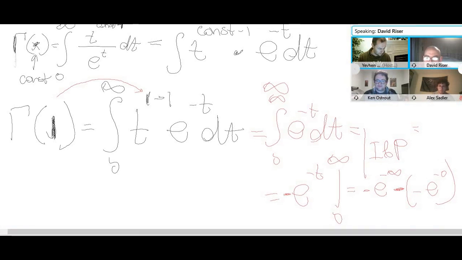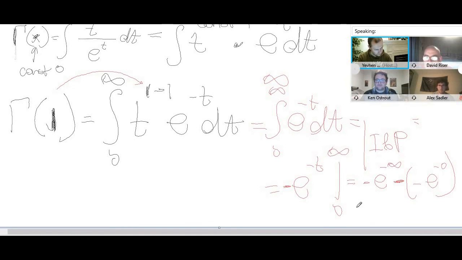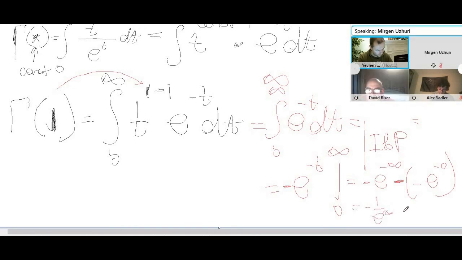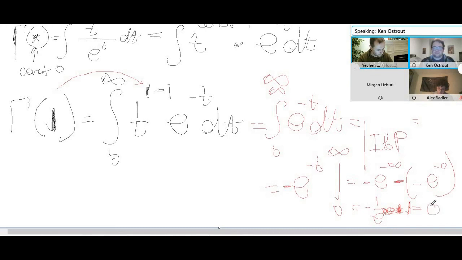We can rewrite this first part as minus 1 over e to the infinity minus, which gives you a plus, right? What is e to the 0th power? Just 1. And what is 1 divided by e to the infinity? 0. So the answer becomes 1. Am I making any sense?